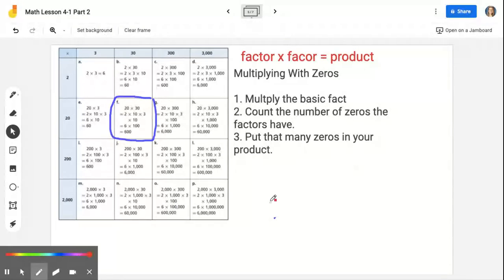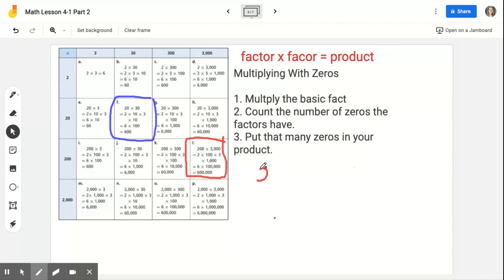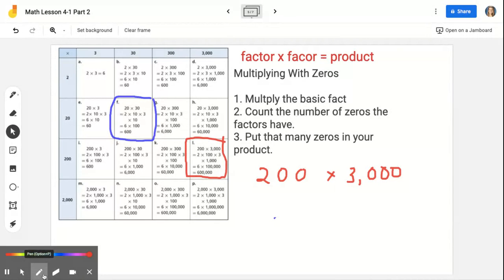Let's take a look at box number L. Do you see letter L in your book? On your whiteboard, go ahead and write out the multiplication sentence. It's 200 times 3,000. And again, we can do these problems following the 3 steps or even mentally soon.